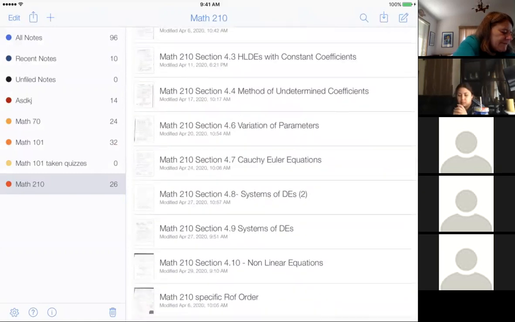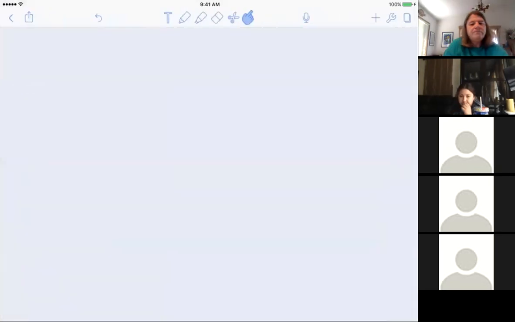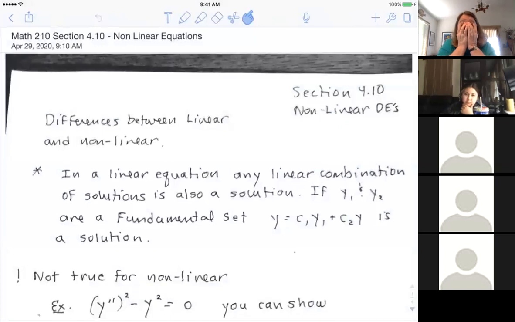I'm just going to do a couple of examples here and talk to you about how solving nonlinear DEs is different from solving linear DEs. And then we'll pretty much be through with chapter 4.